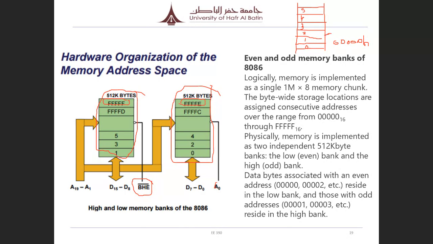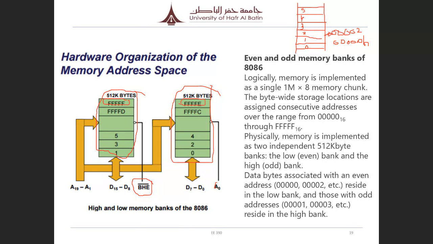And what about 2? It is 00002, so 2 is 0010. So here also A0 is 0.